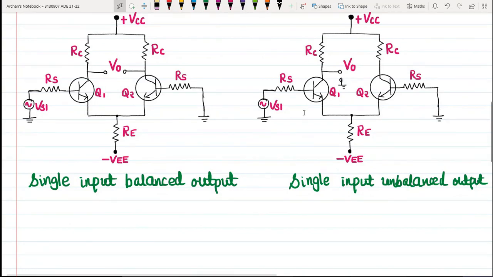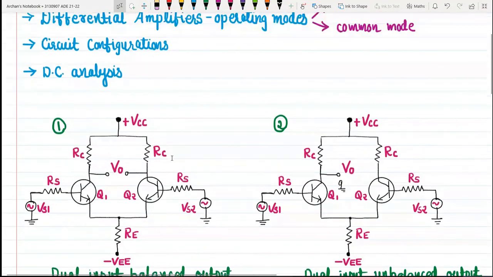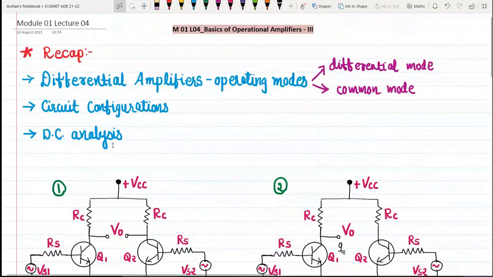Now that is what we have seen, and we have seen the operation of this dual input balanced output configuration. We have also performed the DC analysis of this differential amplifier, and we know why we are performing the DC analysis: to obtain the operating point values. What are the operating point values?